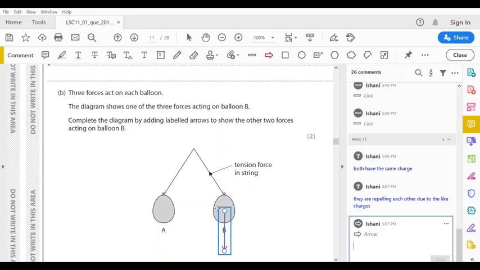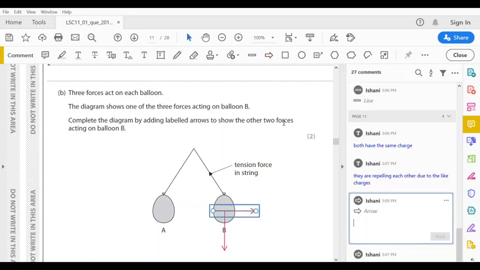So I will take it from here to this direction, this way.